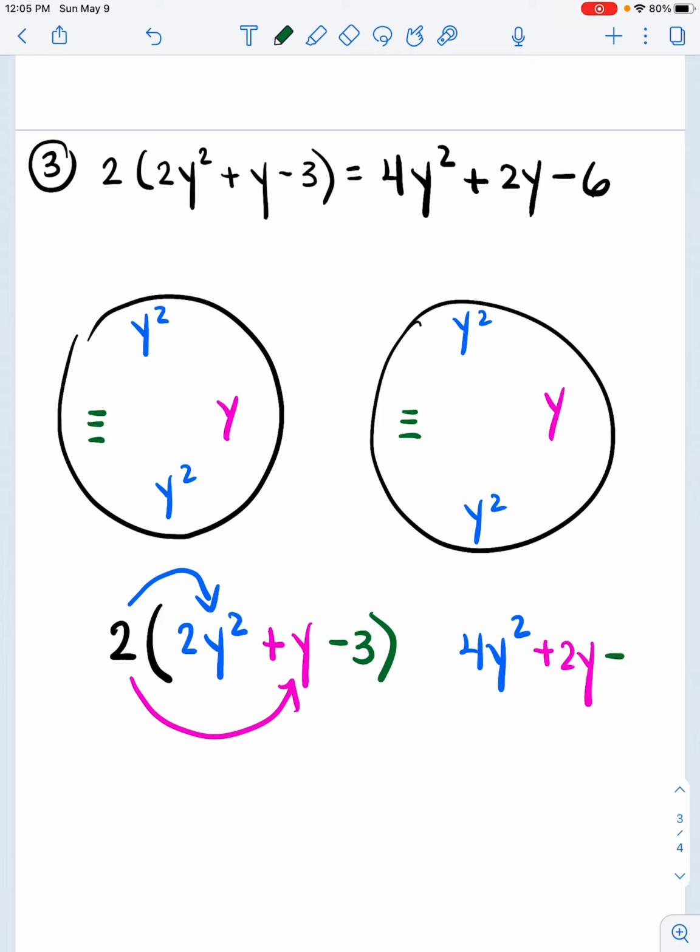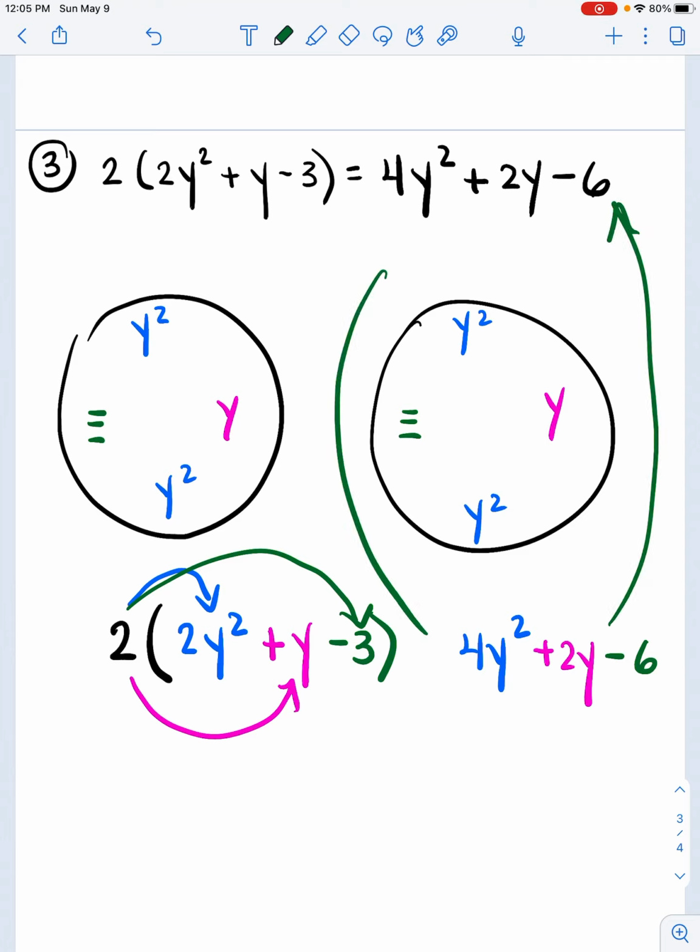So we're going to subtract 2 times 3, which is 6. And let's see, do these match? 4y squared plus 2y minus 6. Okay, and that is how we use models to illustrate multiplying using the distributive property.